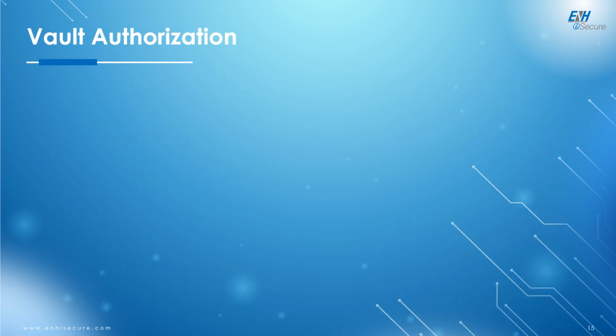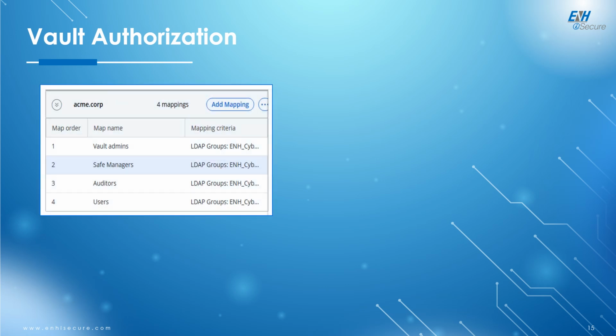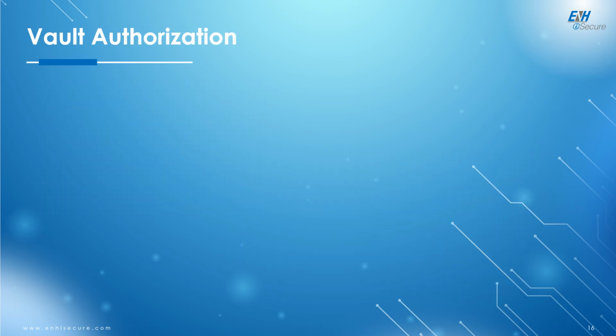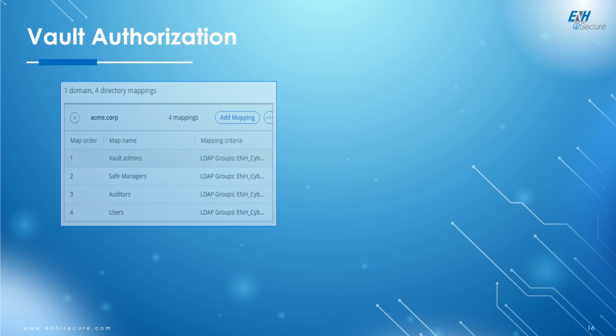Vault authorization. A user from Vault Admin group has full permission, complete control over the vault, including manage safes, manage users, and system configurations. A user from CyberArk Safe Manager group has a vault authorization permission to manage safe permission.